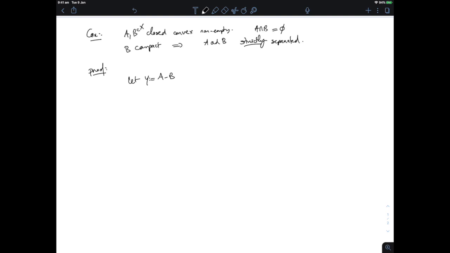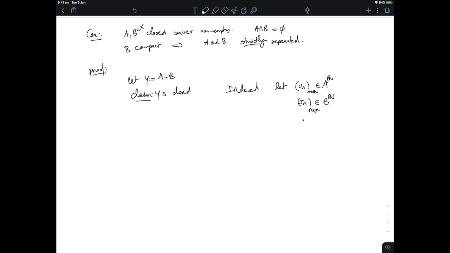So the first thing I need to see is that Y is closed. Okay, so claim: Y is closed. Let's show that. So let's take u_n, a sequence in A, and let's take v_n, a sequence in B. Let's just form the difference of these two sequences and assume that it converges.